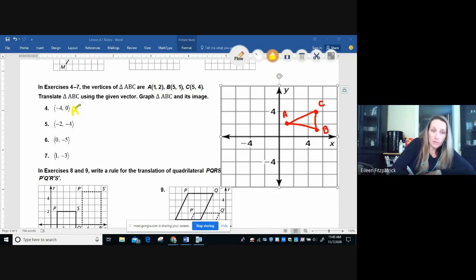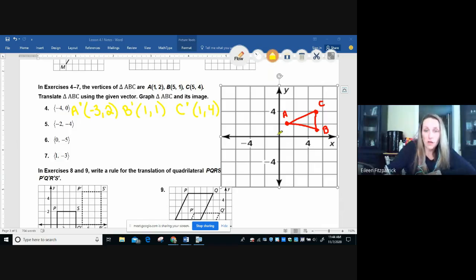So A prime, subtracting 4 from the X, so 1 minus 4 is -3. Adding 0 to the Y leaves me at 2. For B prime, subtract 4 from the X, that's going to give me a 1, and add 0 to the Y, that's going to give me a 1. And C prime, subtract 4 from the X, that's going to leave me at 1, and add nothing to the Y, so that's going to leave me at 4.